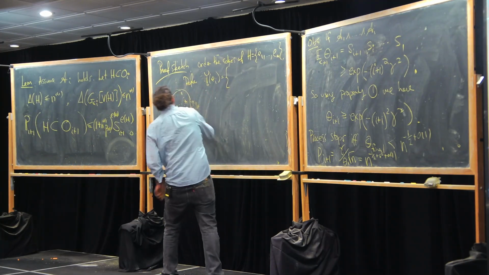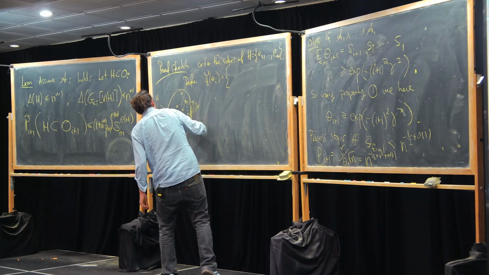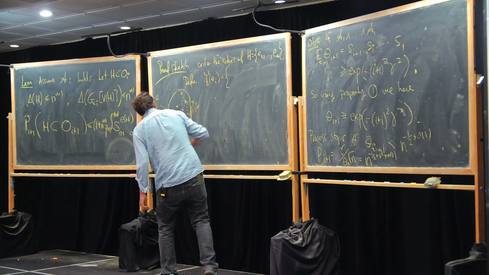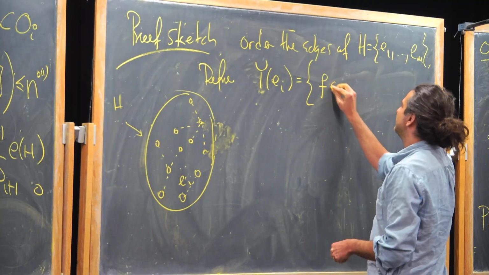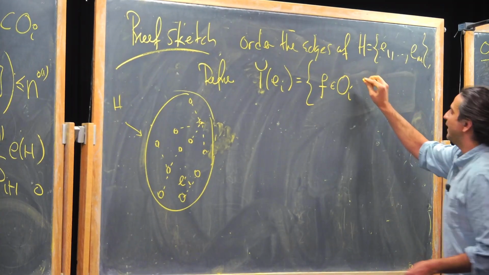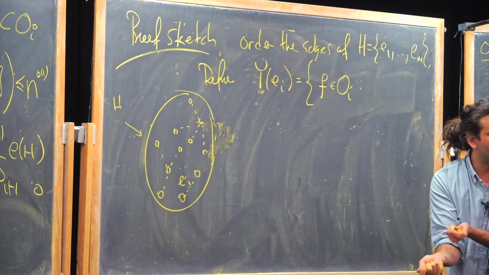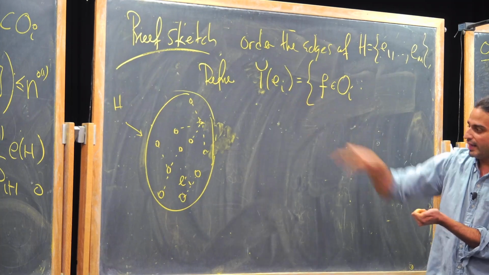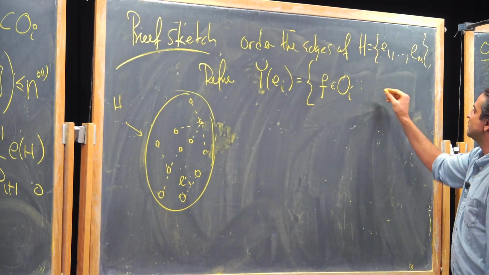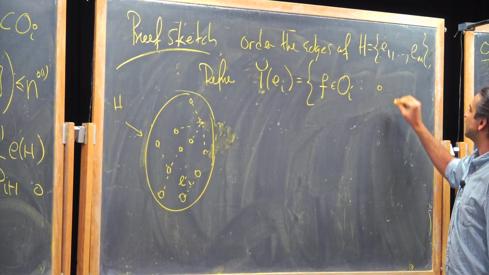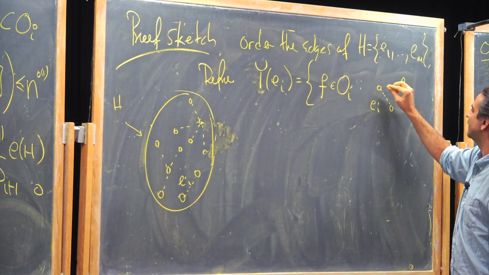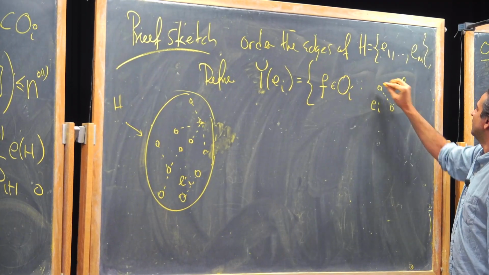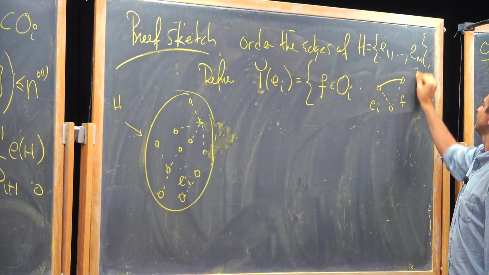So for each E_i, let's draw a nice big E_i over here. Let's write all of the edges F in the entire open graph that could potentially close E_i if it were to get added. So this is all F such that we have this configuration in the graph. So this is E_i, this is F, and this is already in the graph.